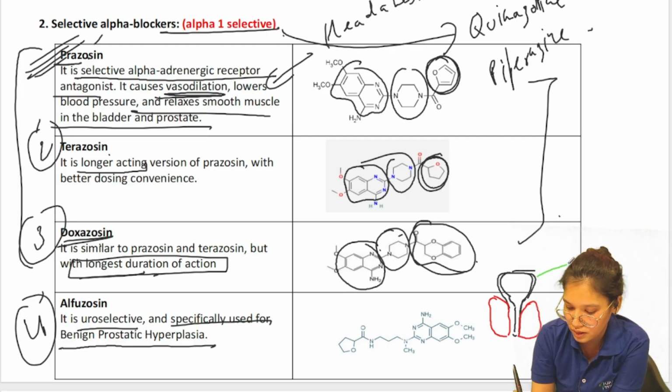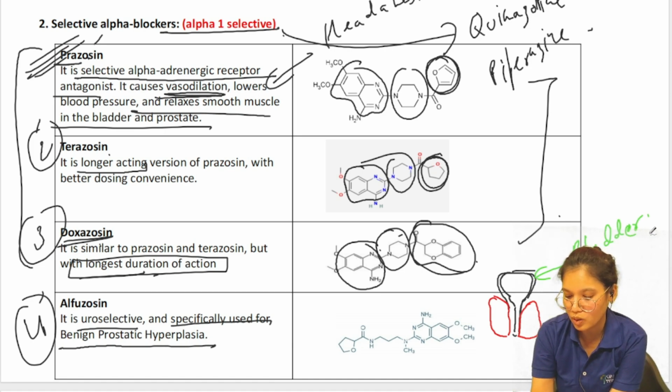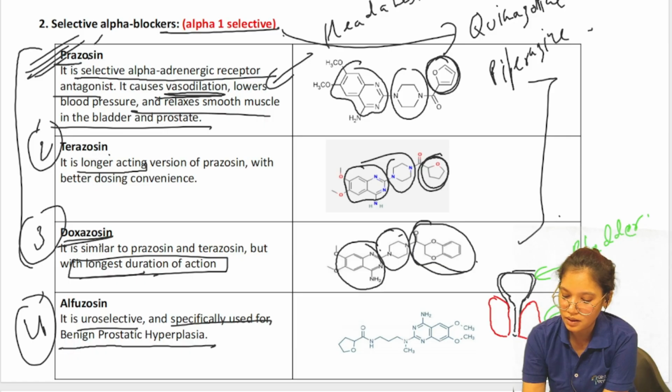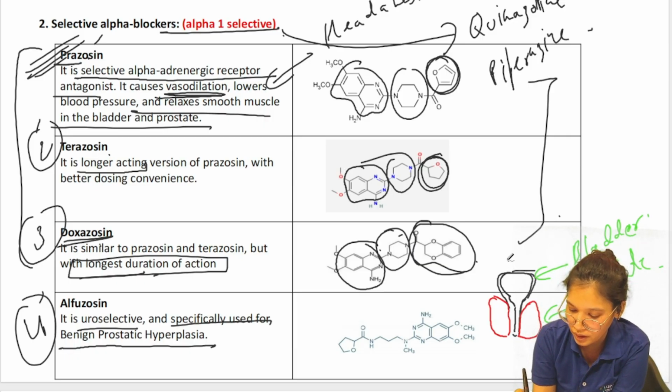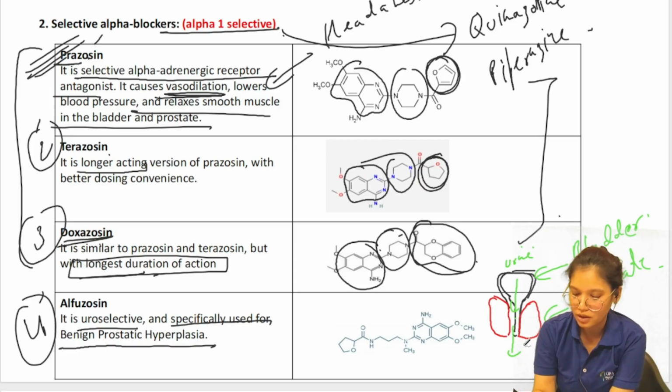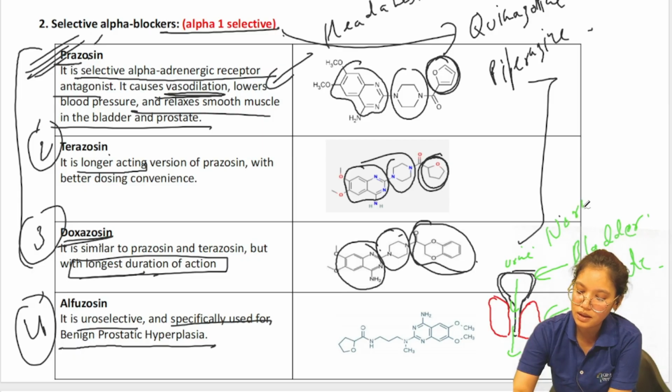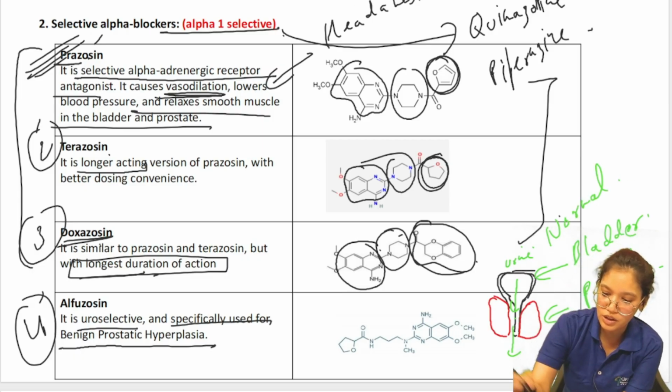This is the bladder, and this is the prostate. Here the urine gets passed. So this is the normal condition.